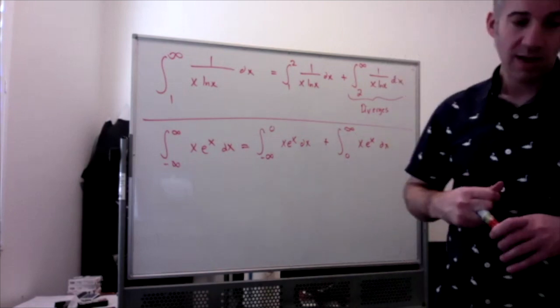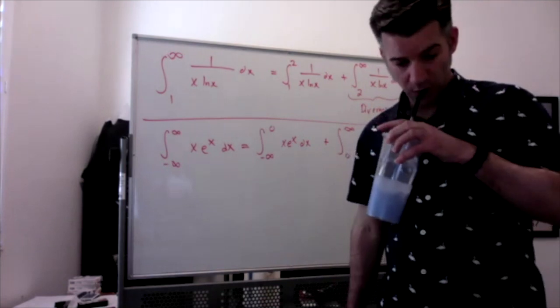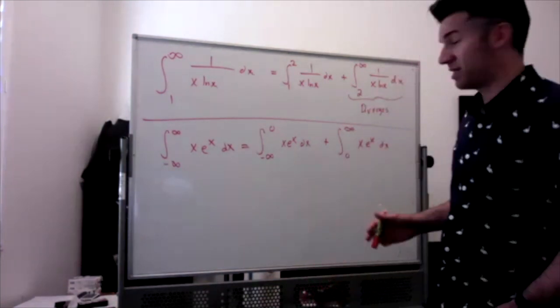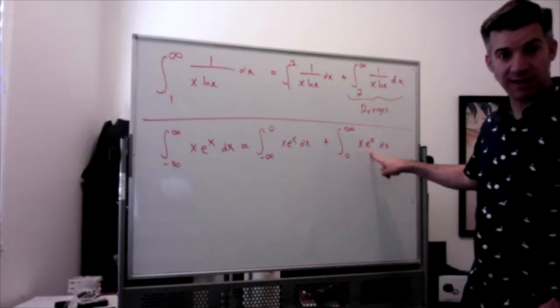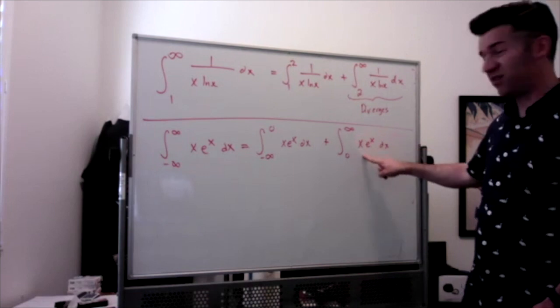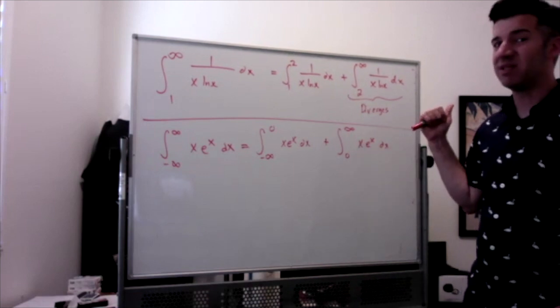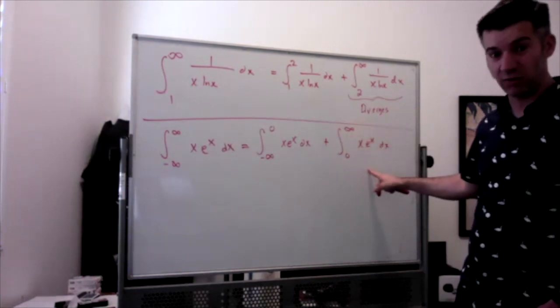And now is where it's a really good idea to have an idea of what's happening. As x gets really, really big, that's going to be big and that's going to be big. So this function is going to get super big as you go to the right, which means I would guess that this one has a good chance of diverging.